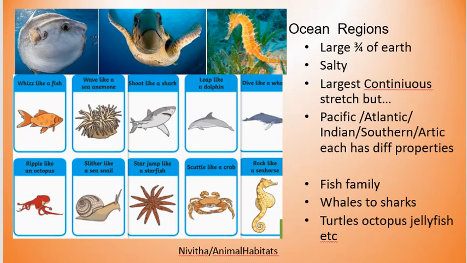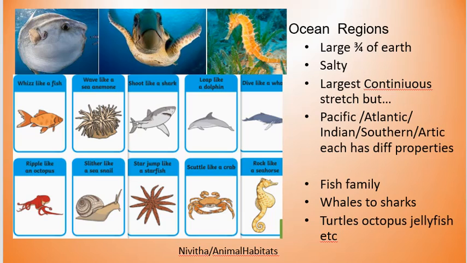But though they are continuous, the Pacific Ocean, the Atlantic Ocean, the Indian Ocean, the Southern Ocean, the Arctic Ocean, the 5 major oceans that we know about all have different properties, and different types of animals consider these oceans as their habitat. So different animals are found in different oceans because of their varying properties.